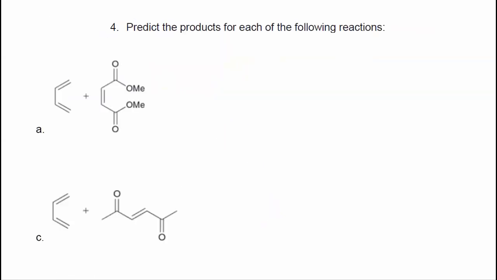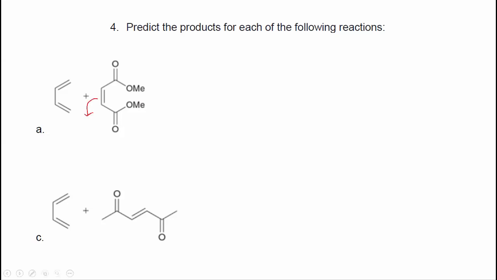Did I skip one? Nope. Okay, Diels-Alder reactions. So we have our diene plus our dienophile that has 2 electron withdrawing groups on there. That means this reaction will happen fairly quickly because their HOMOs and LUMOs are lined up.